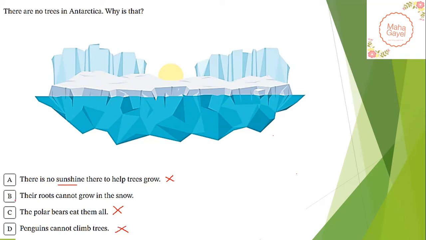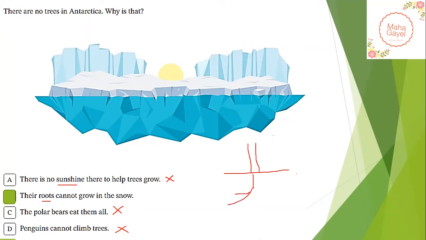So what is the correct answer? Yes, B. Their roots cannot grow in the snow. You know the roots always do what? It penetrates. If this is the trunk of the tree, for example, the root penetrates.